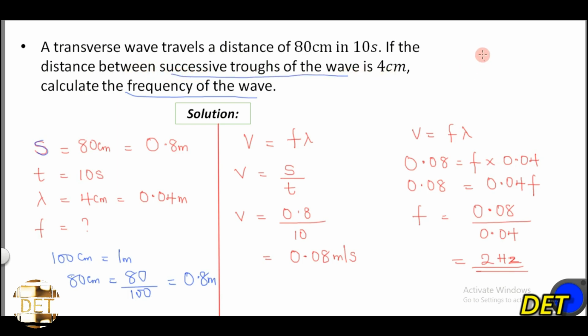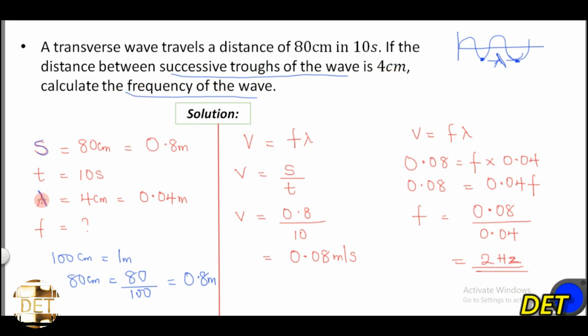The wavelength. I've explained that before: if you have a wave like this, this is a trough, this is a trough, the distance between two successive troughs is referred to as the wavelength, represented as lambda.